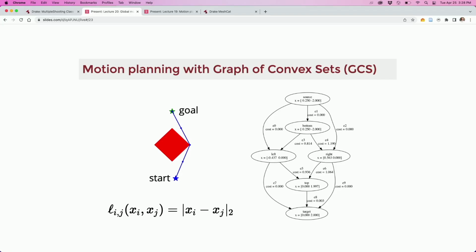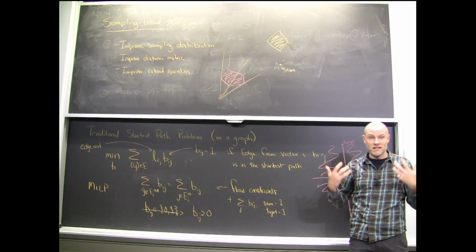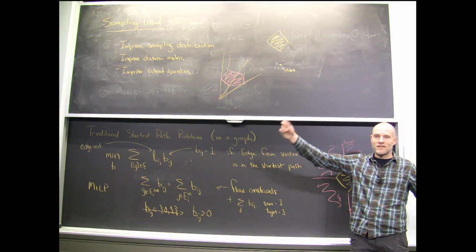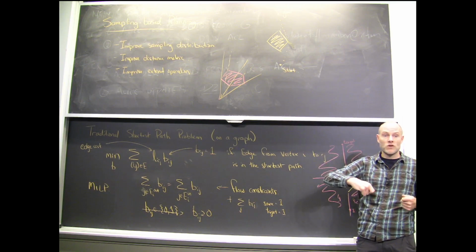And second, the length of the path, the number of edges in the path, has no upper bound based on the number of decision variables. You don't have to pick a priori how long the path is. That comes out of the optimization. To me, that's a huge win. In an RRT you never have to pick how long the path is, but in trajectory optimization, you always did.